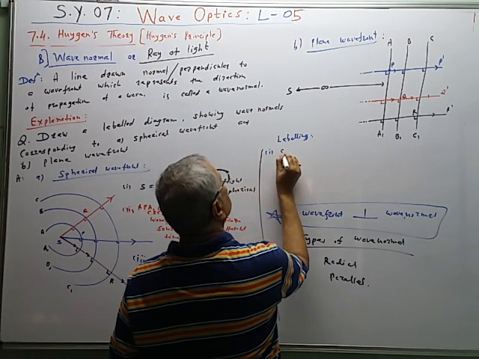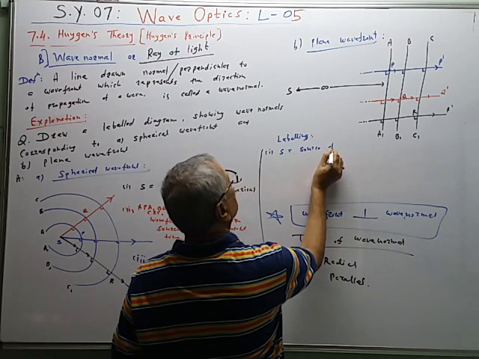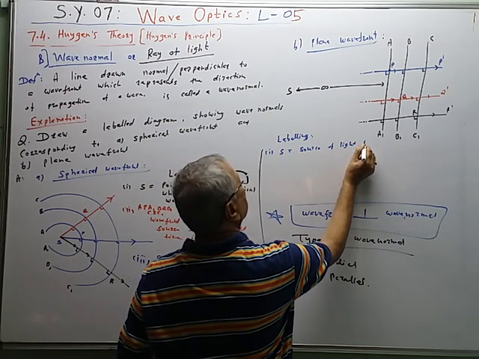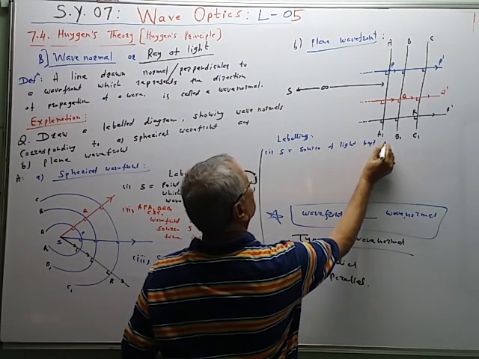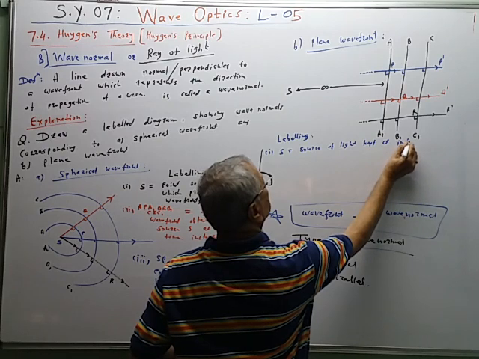First, S is equal to source of light kept at infinite distance.